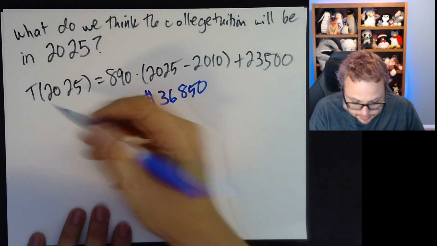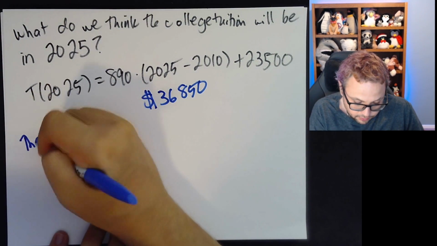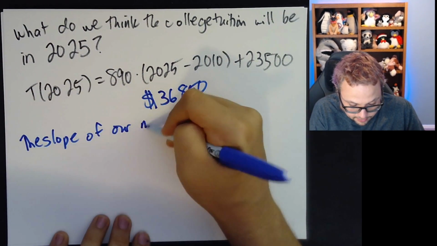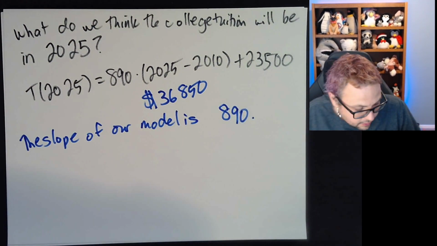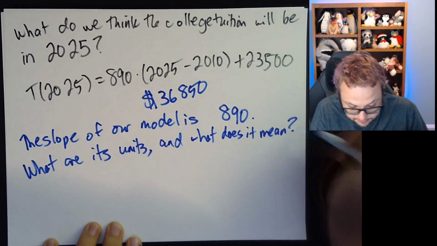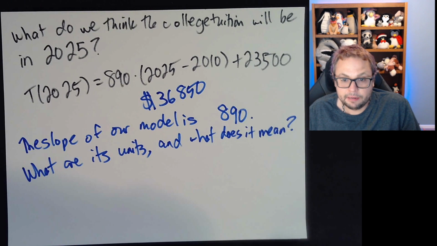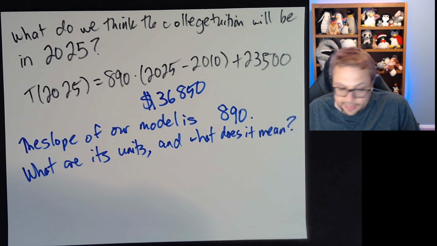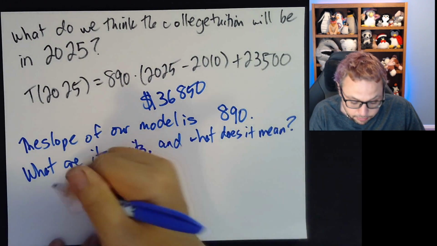Now, the thing I want to focus on here is the slope. The slope of our model is 890, and I want to think about what its units are and what it means. Remember, functions always have an input and an output, and it's easy to describe the units of slope in terms of the input and the output's units.